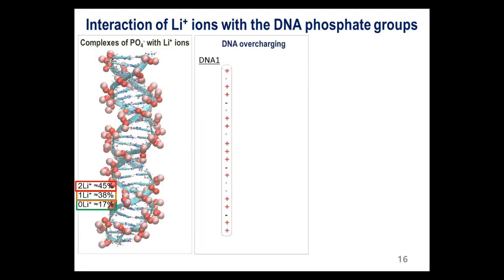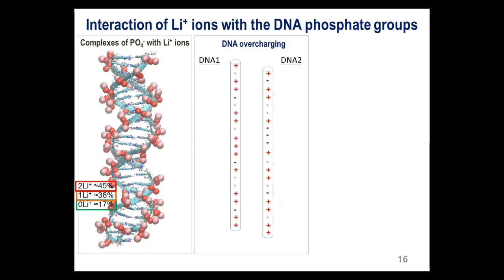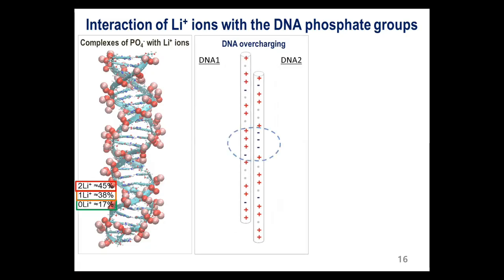And when we have overcharging of DNA, we can see that different regions of DNA, where we have positive charge due to two lithium ions and negative charge regions, can come together, and in such a way we have aggregation.